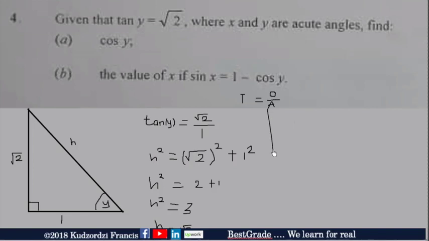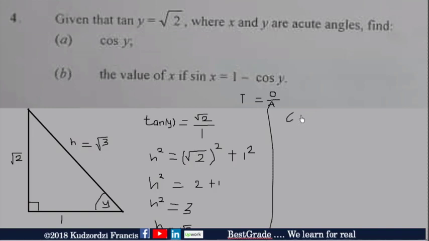Now we have this length, which is the hypotenuse, to be equal to root 3 units. Now recall that the cosine of y is adjacent over hypotenuse.